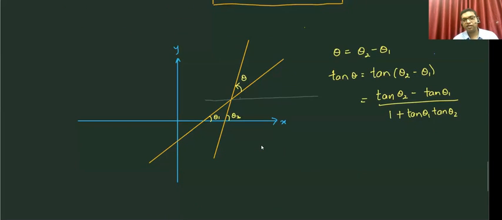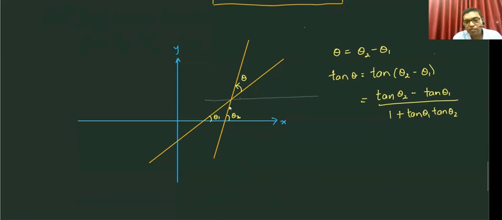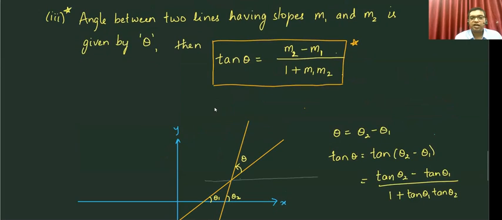for this particular case. Now it can be m1 minus m2 for this obtuse angle. See, when lines intersect, always there will be one acute angle and one obtuse angle. So actually this is m2 minus m1 by 1 plus m1 m2.